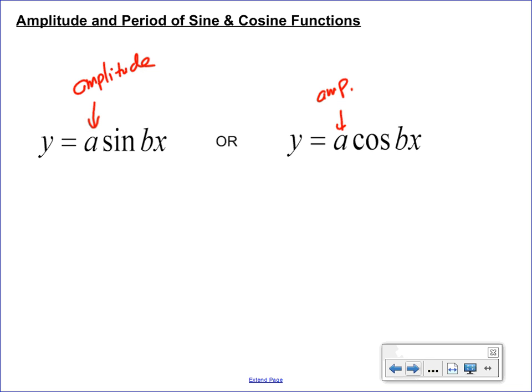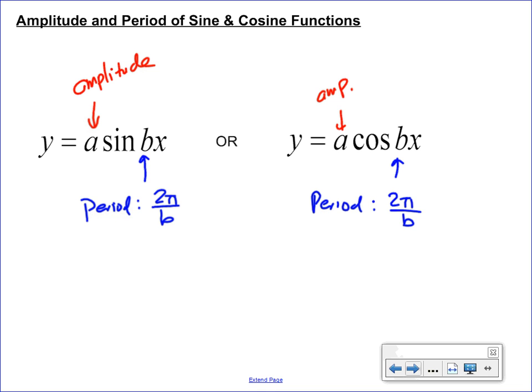Inside the sine or cosine, if the number is being multiplied to the x, this will determine your period. To find your period, you just go 2 pi divided by whatever b is in there. Regular cosine is 2 pi, and you just divide the b out.